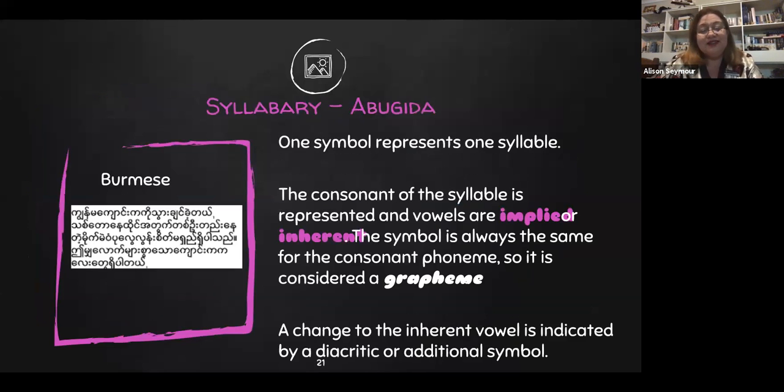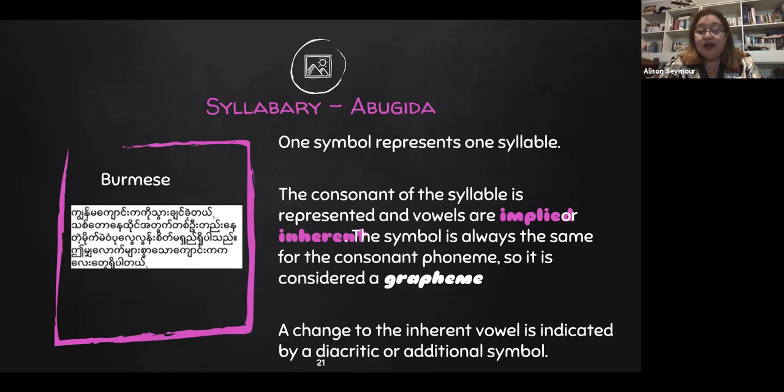Okay, so the next type of script I wanted to talk about was the Abugida, and this is the Burmese type of script. And so again, it's quite a different relationship between the sounds and the symbols that are used. So like Japanese, they have one symbol which represents a single syllable.